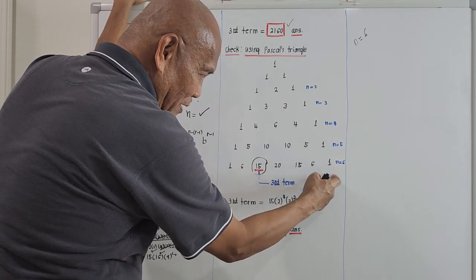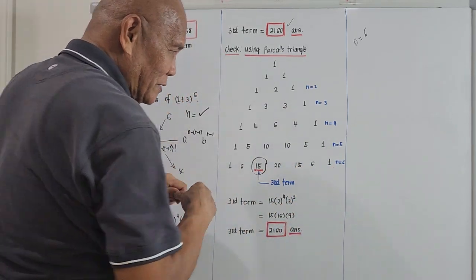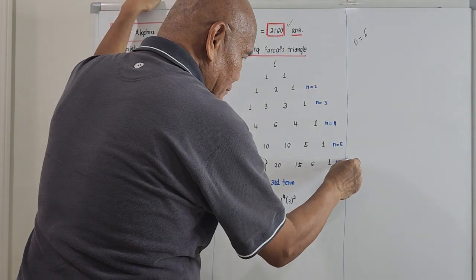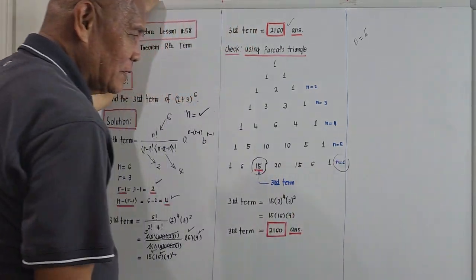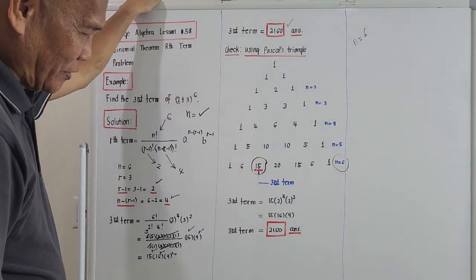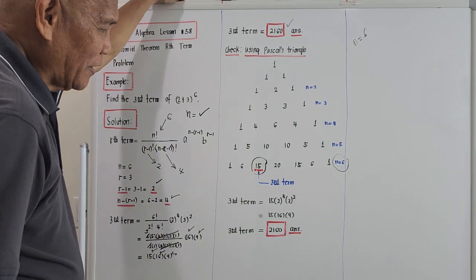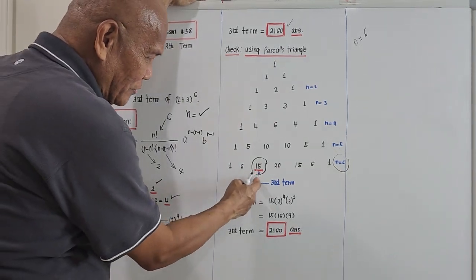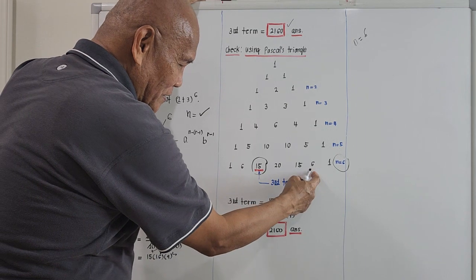And this is 1. That is for n equal to 6. Right? So if we count starting from the left, first, second, third, fourth, fifth, sixth, seventh.